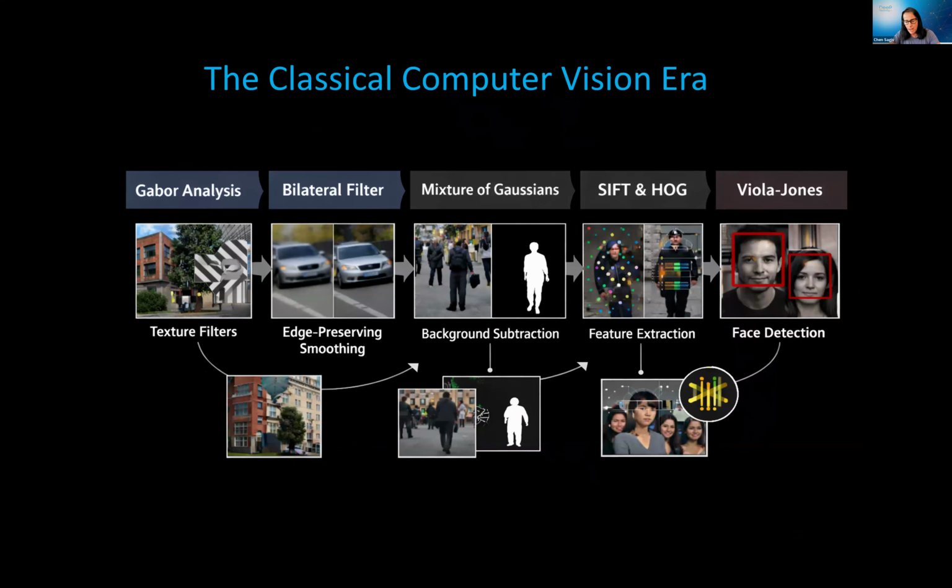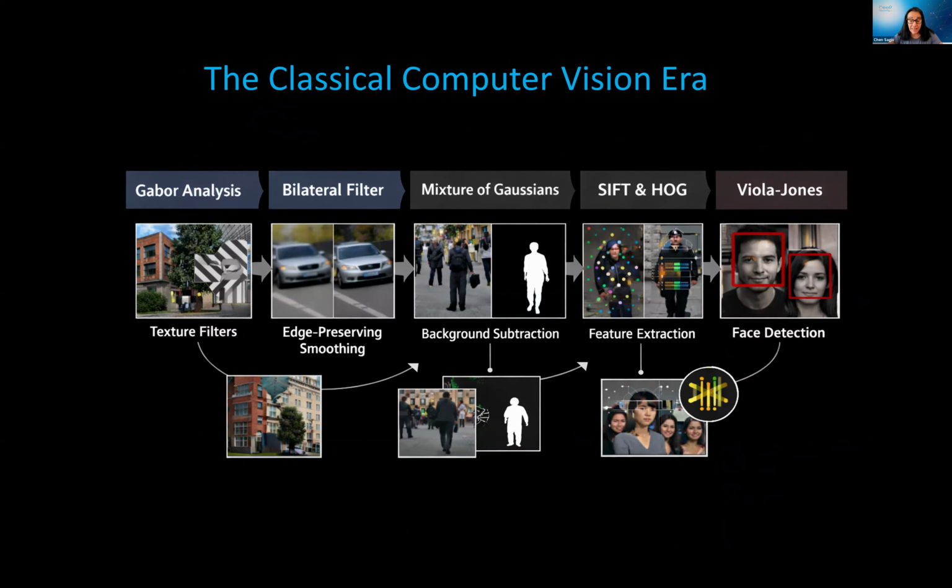Now, as I told you, I really witnessed firsthand the evolution of the computer vision domain, in the classical computer vision era, where I was a student during my PhD and my postdoc.